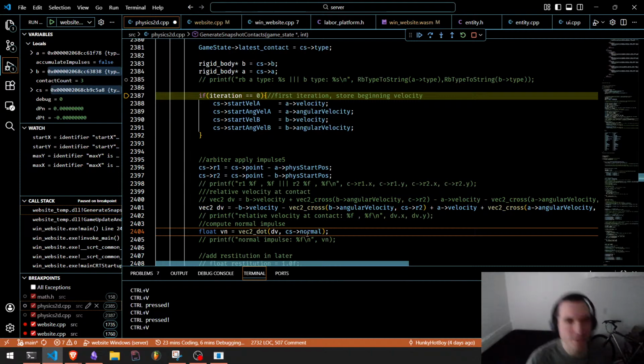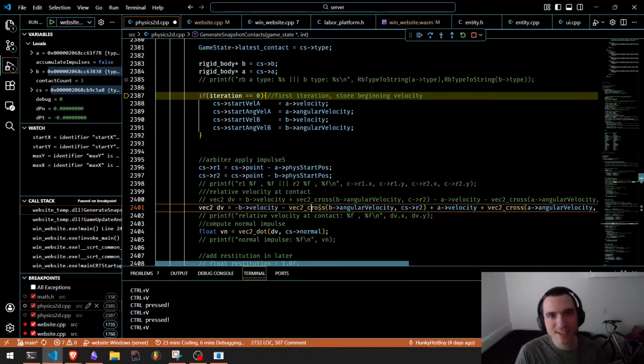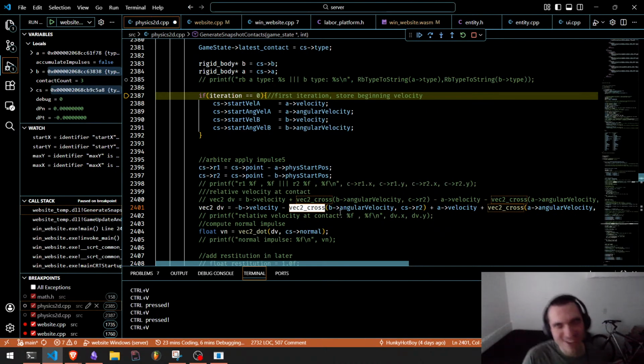Contact normal. So to get the relative velocity, or the normal velocity, we take the relative velocities, which is the starting velocity minus the cross product of the lever arm and the angular velocity.